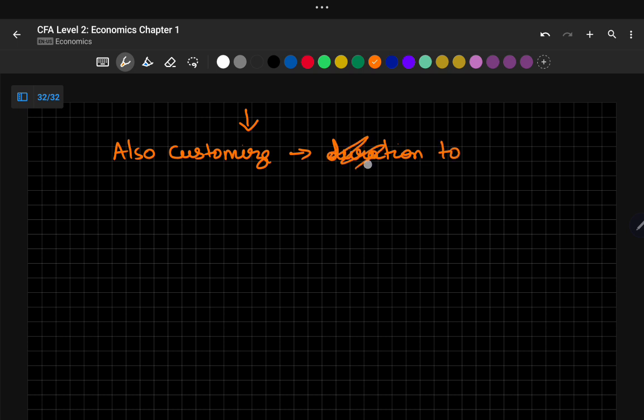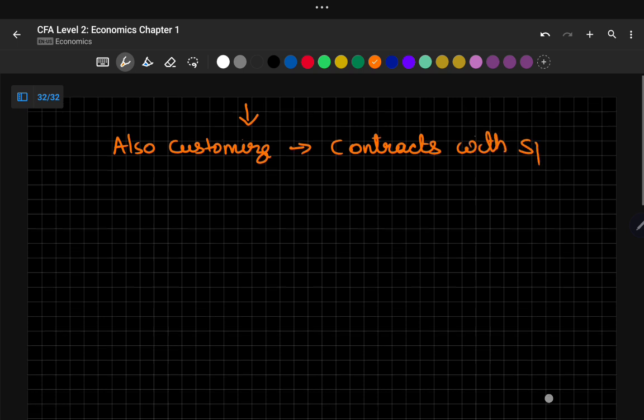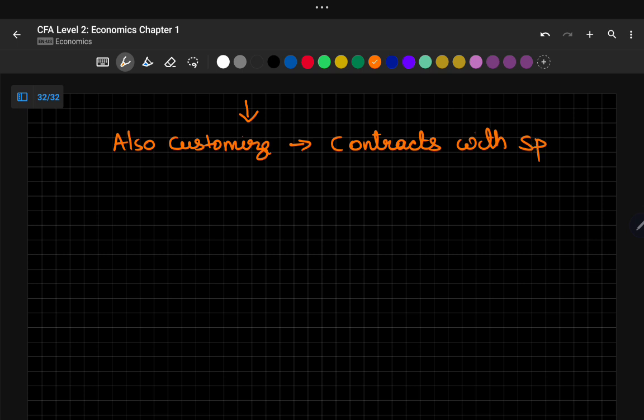They can customize contracts with a specific maturity, apart from the standardized contracts.